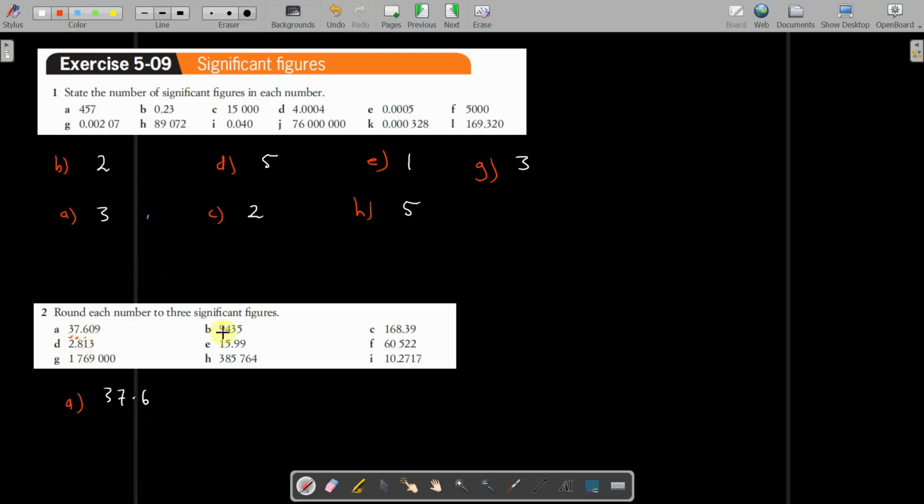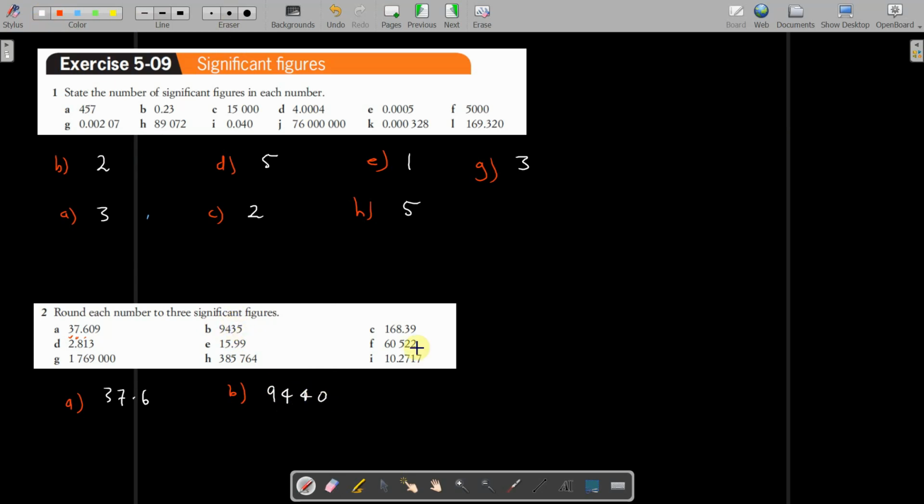Part B. 3 significant figures. The first 3, 9, 4, 3. But the fourth one is a 5. So we have to round up like we would normally with any other rounding. So that gets rounded up.